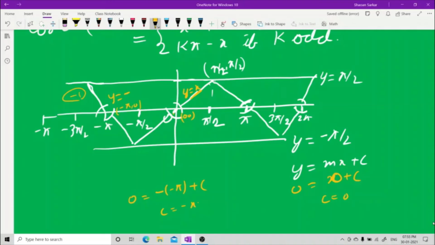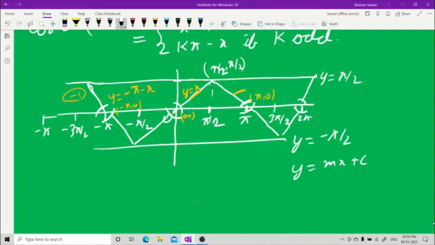Okay, this is going to become minus pi minus x, and for this equation the slope is -1 again, but the point is pi comma 0. So you may do it this way. Use this same equation, but just remove these points, because you have removed minus pi, you have removed pi, you have removed 0, you have removed 2 pi.